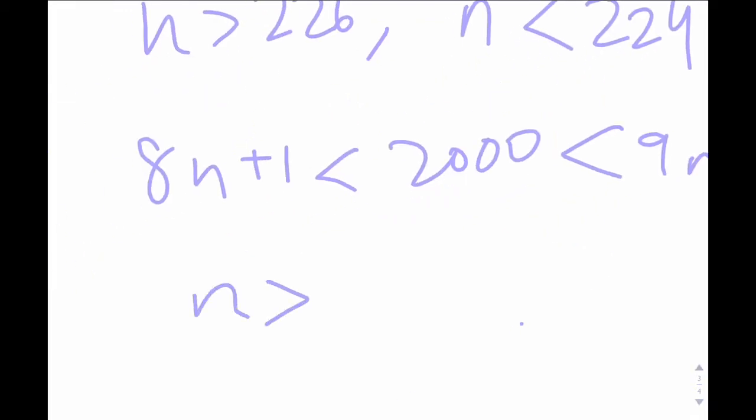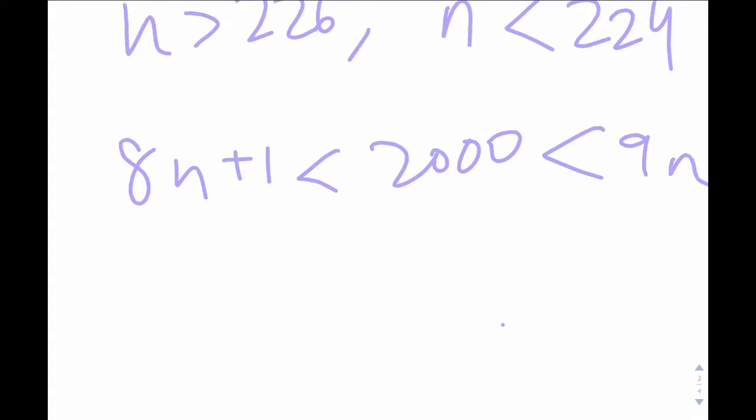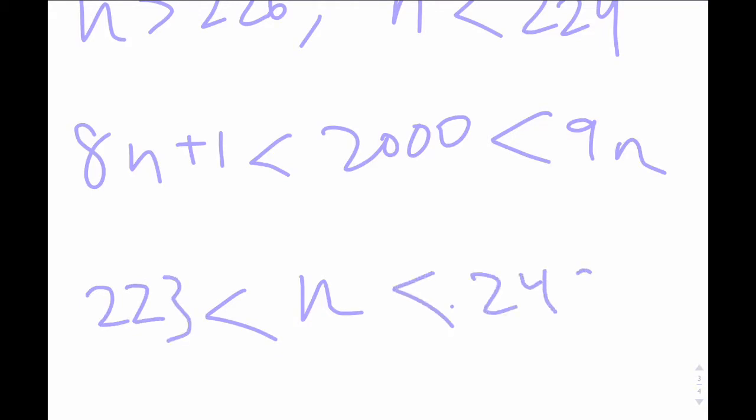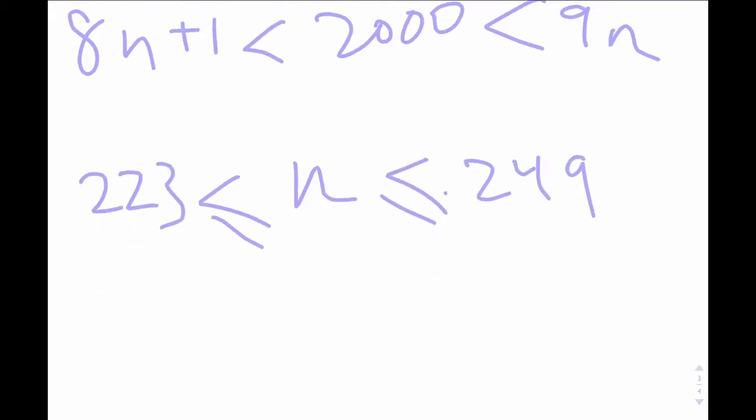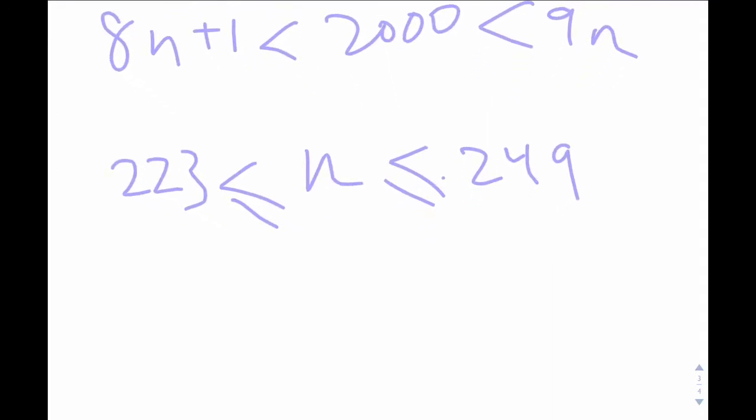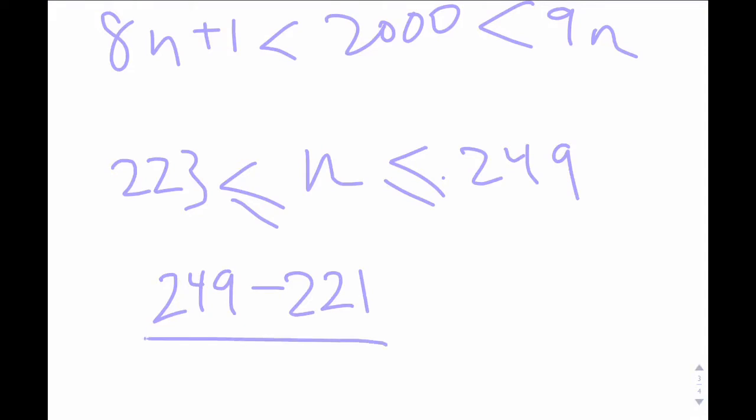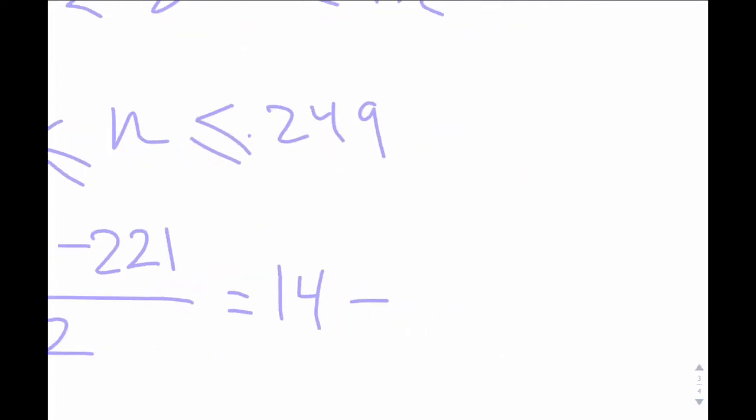So n is greater than, okay, I'm just going to take a peek. This is our bounds. And so the number of possible n, this is over 2, becomes 14. We subtract 1, we get 13.